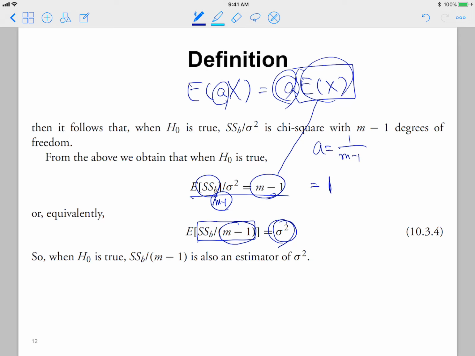Then we can move it to the right hand side as well, because they are just constants. So we obtain this representation, and thus this is also an estimator of our true parameter sigma squared. But again, this one can only be used when H naught, the null hypothesis, is true.